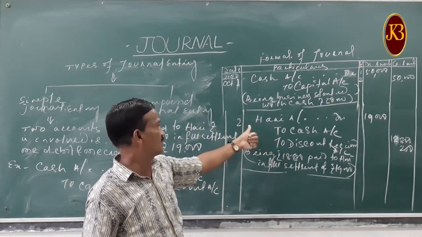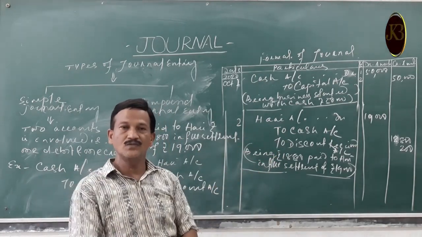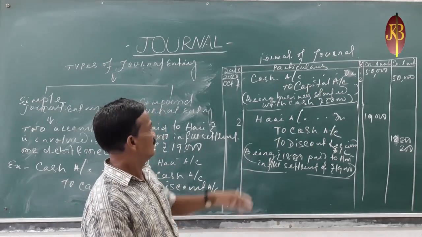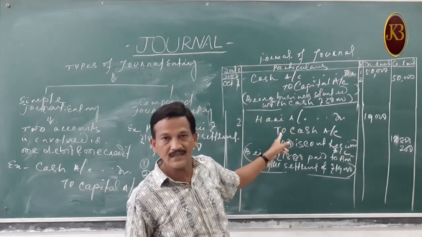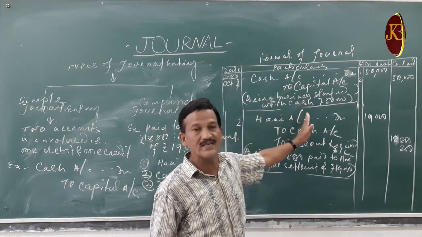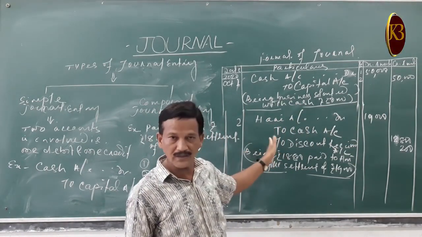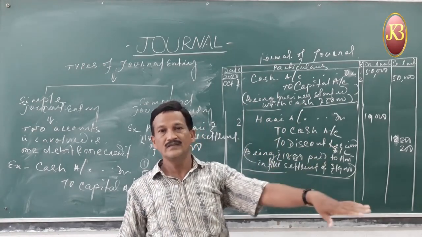In another transaction, when we receive cash from Hari, 18,800 in full settlement of 19,000, the cash account is debited and the discount allowed account is debited to Hari account 19,000.